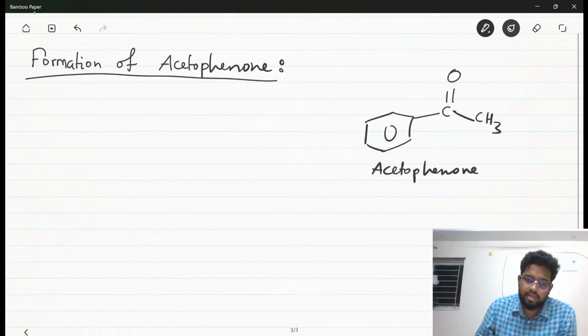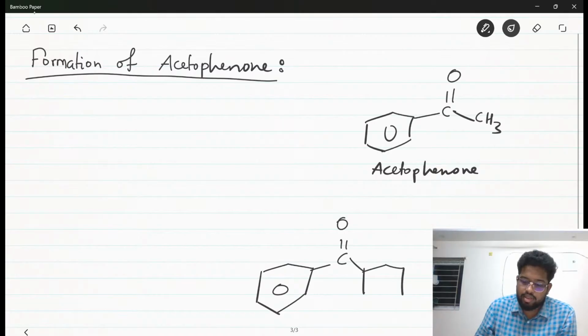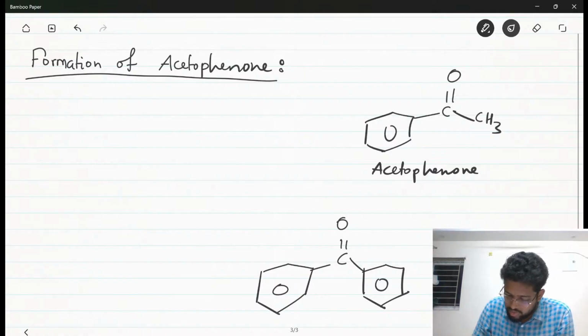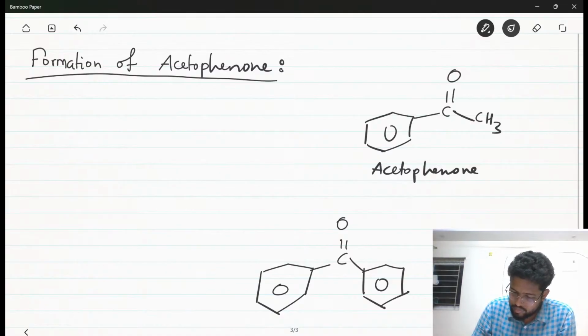Benzophenone is a benzene ring, C=O, and another benzene ring. So, preparation of acetophenone and benzophenone.